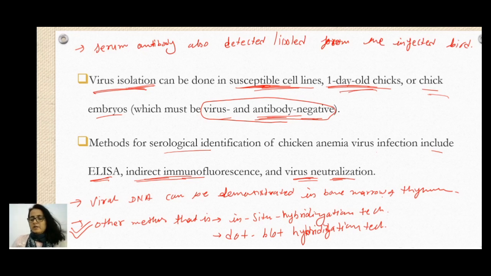Serum antibody can also be detected or isolated from the infected birds. So this is the diagnosis of the viral anemia, chicken anemia virus.